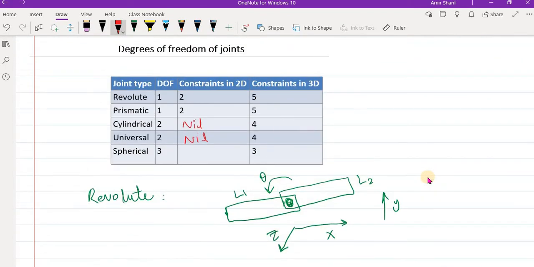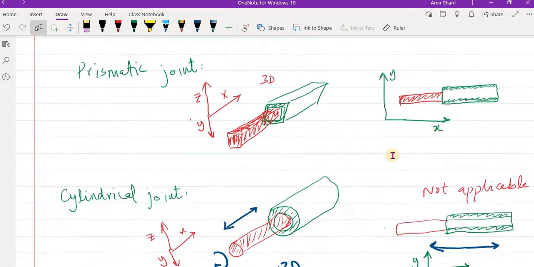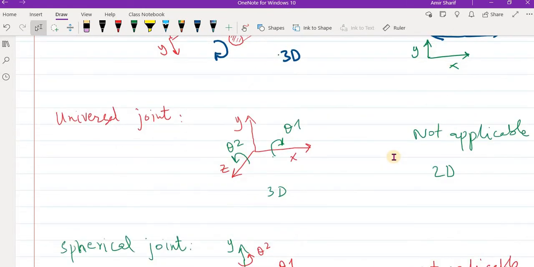So in 3D we have 3 constraints: the translation motion about the x, y, and z axes. In 2D it's not applicable, and there are 3 degrees of freedom, which are the 3 rotations. So that's how we calculate the degrees of freedom of different joints.